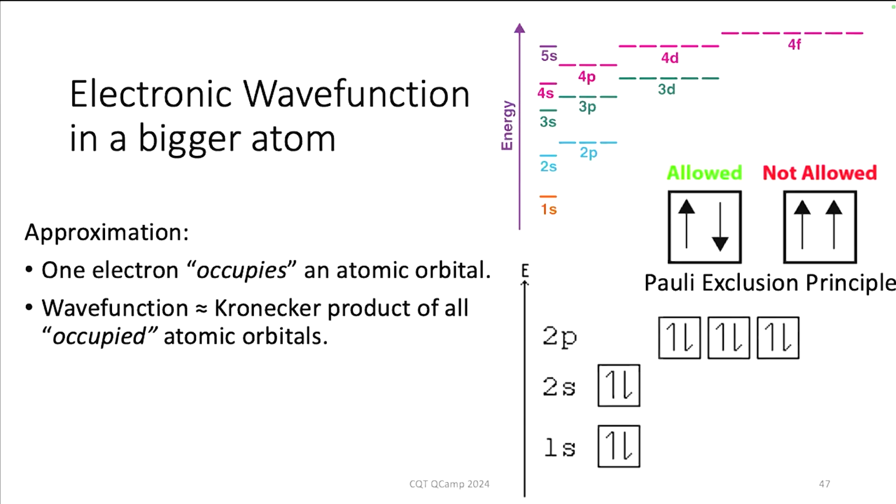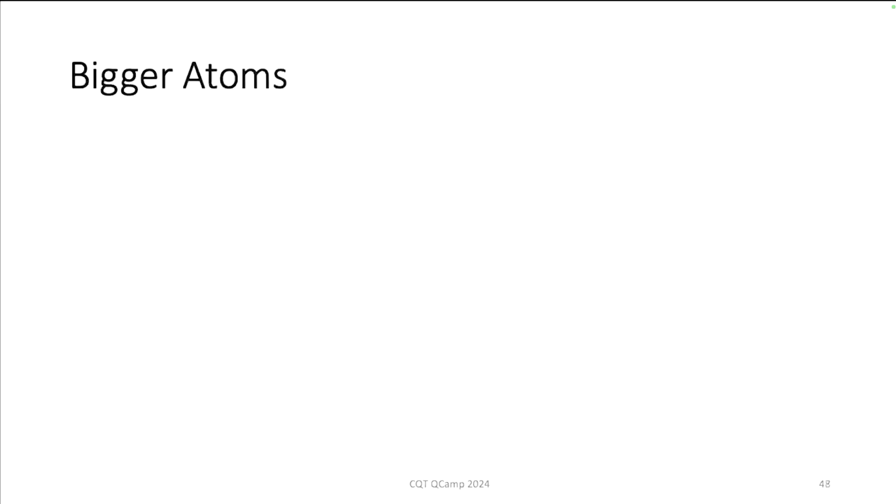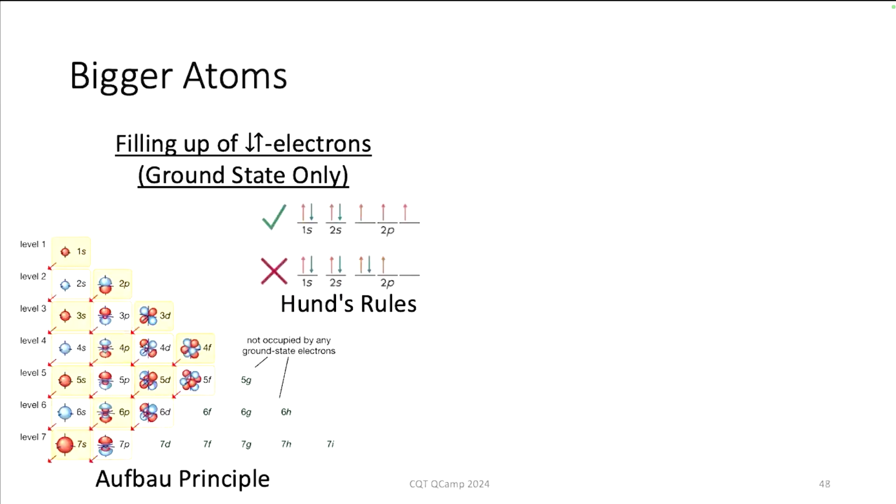Okay. So in chemistry, if you ever go study chemistry, you will learn how to fill this up with not only the exclusion principle, but different kinds of rules as well. You're going to learn about the Aufbau principle, where you fill the orbitals in a very systematic way.